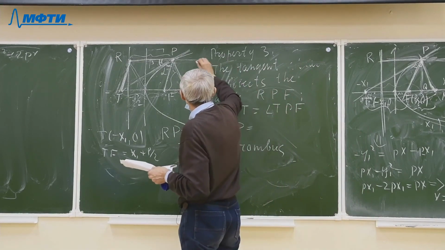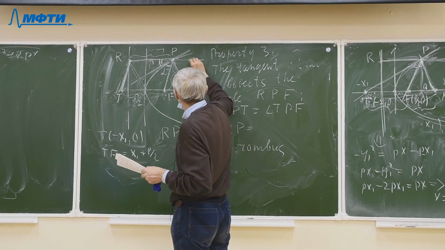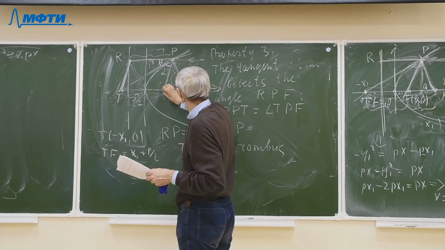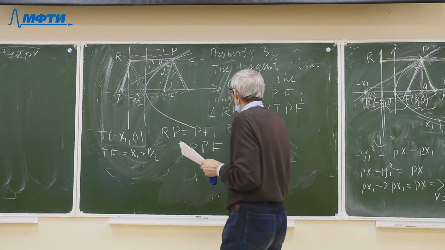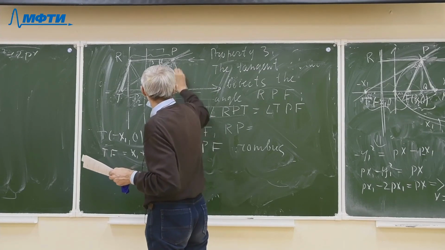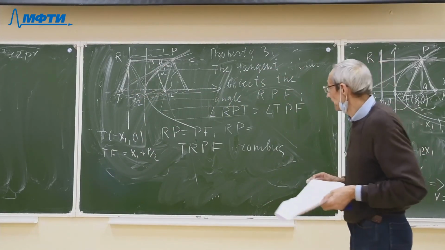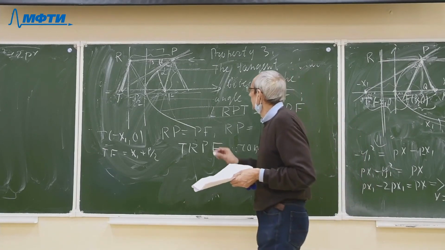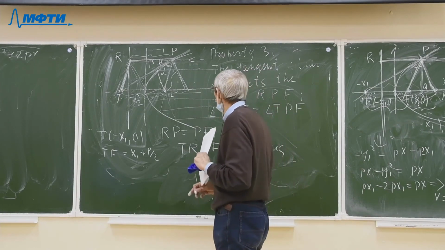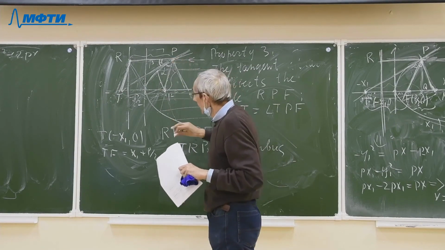And if we have rays which move parallel to the axis, in any point of the parabola after reflection they go to the point F. All these parallel straight lines, parallel to OX, after reflection move to the focus.